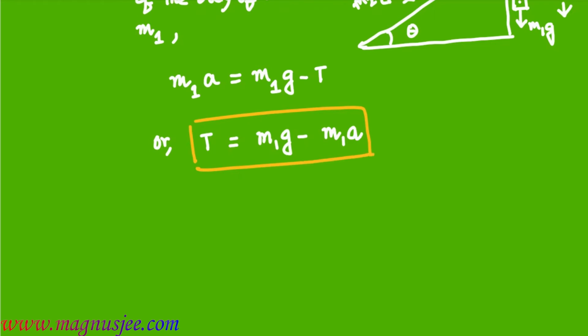In this case, the apparent weight can be compared with the tension T. T equals m1g minus m1a, equation 1, and this is the tension acting in the string in connection with the motion of the body of mass m1.